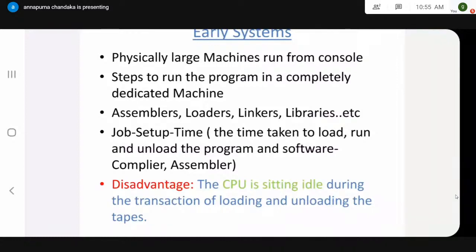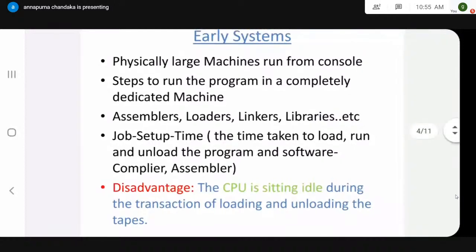A compiler takes a high-level language program as an input and converts it into machine language. But internally, a high-level language program is not directly converted into machine language. First, it is converted into assembly language, and the assembly language program in turn is converted into machine language.